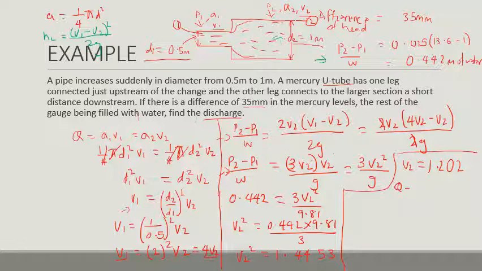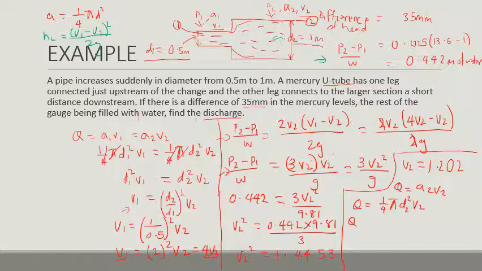Q will now be equal to A times V2. Now that we know V2 and we know the diameter of section 2, we can easily find our discharge Q. So Q will be equal to 1 over 4 pi D2 square multiplied by V2.